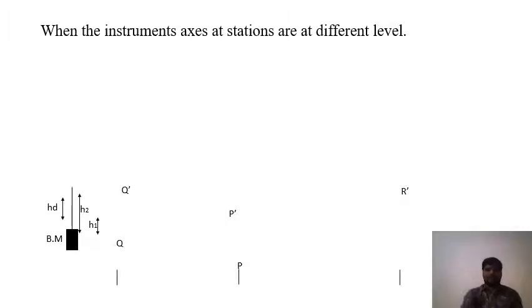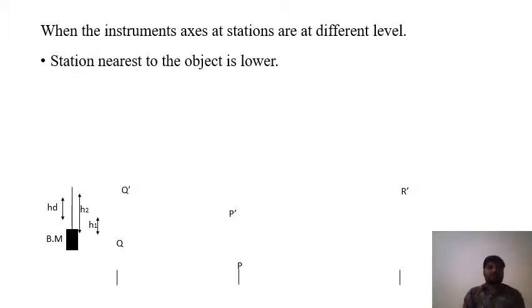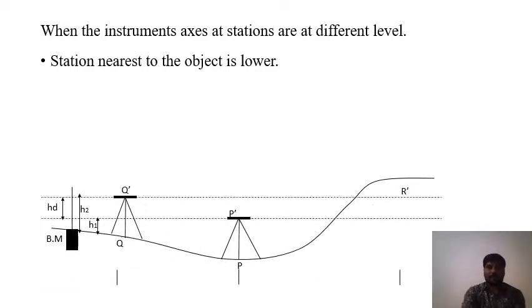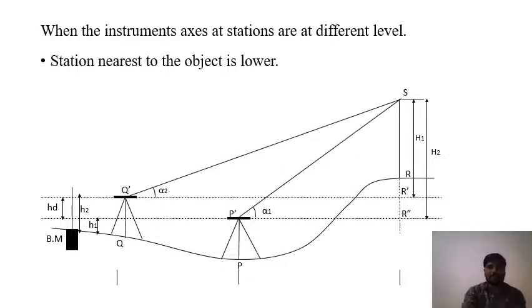So this is what we have done before to reach up to the object. Now the second case is at a different level, where the station nearest to the object is lower. If I put the diagram over here, I have put the instrument, the line of axis, and the object is already over there, and it makes a triangle. You can see over there. I forgot to show you how the triangle is created.